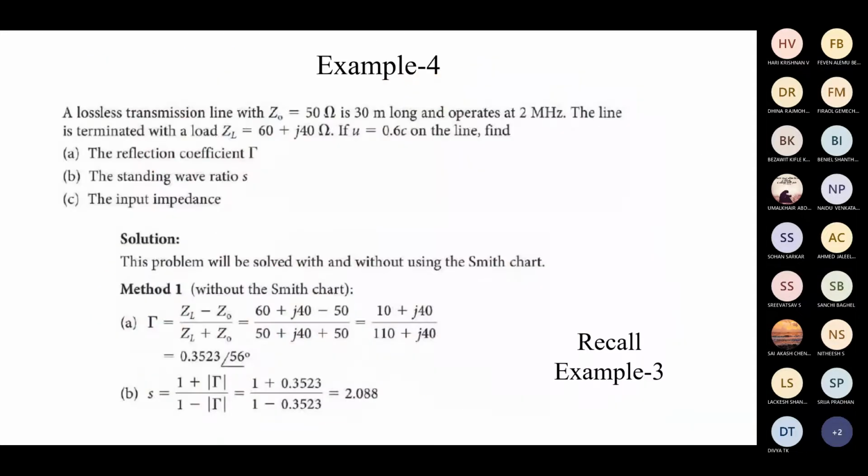Let's take an example. We are going to recall example 3. I believe you still remember how we worked out and calculated these values in the last class. We have taken a lossless transmission line which has alpha equal to 0, the characteristic impedance 50 ohm, and length 30 meter.